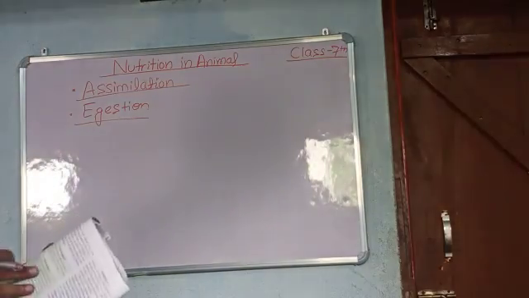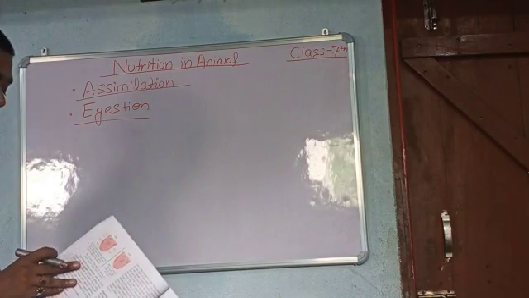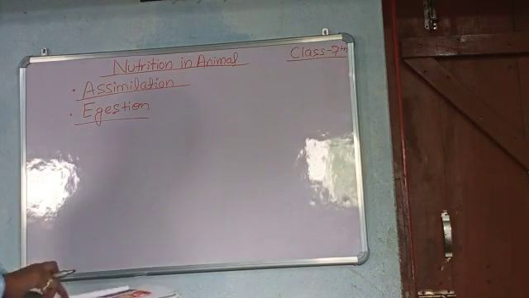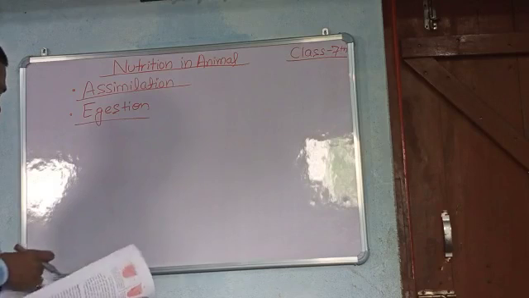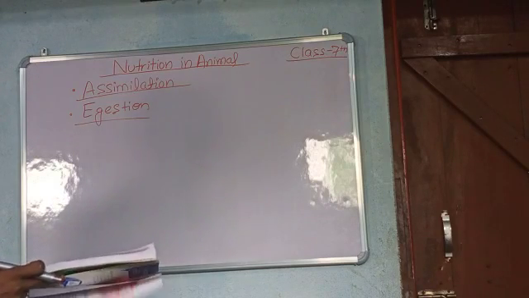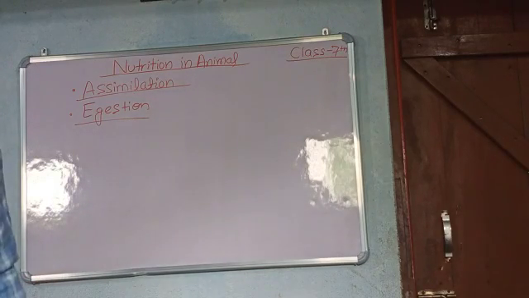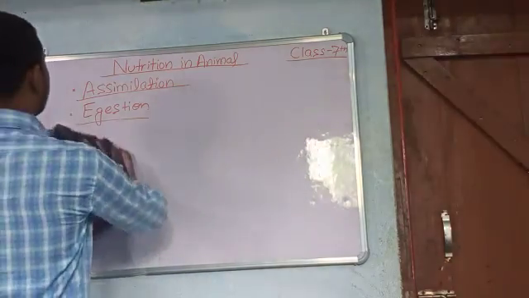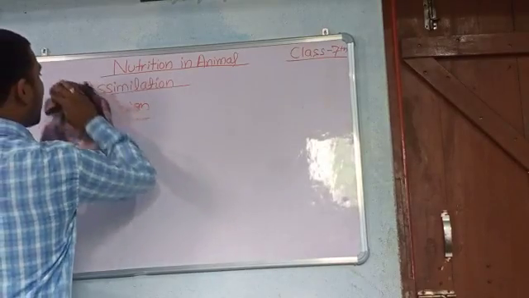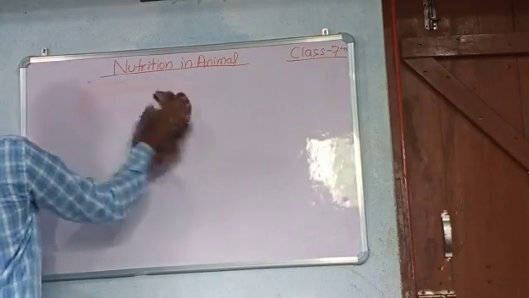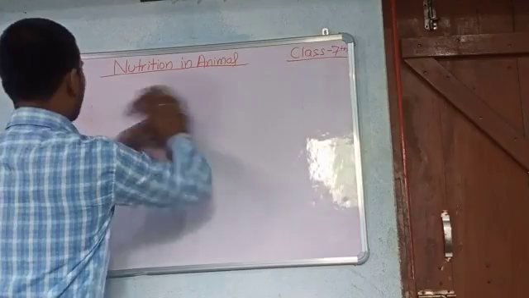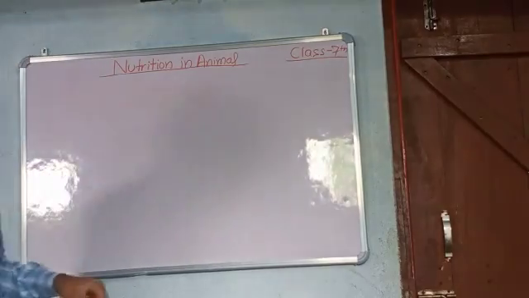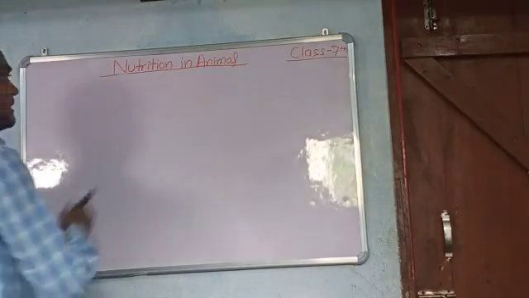Before we start ruminants, we need to explain one more time the human digestive system in this chapter, which is very important. So we will quickly revise all the facts regarding the human digestive system, which is very important for your future and also very useful from the examination point of view.